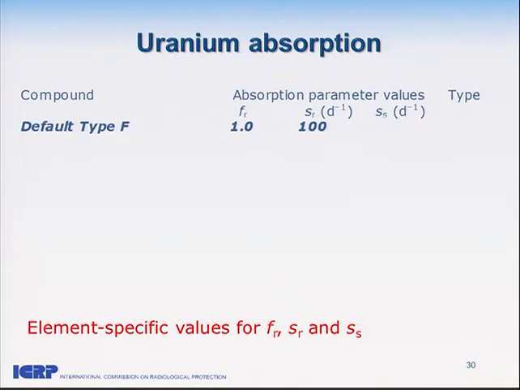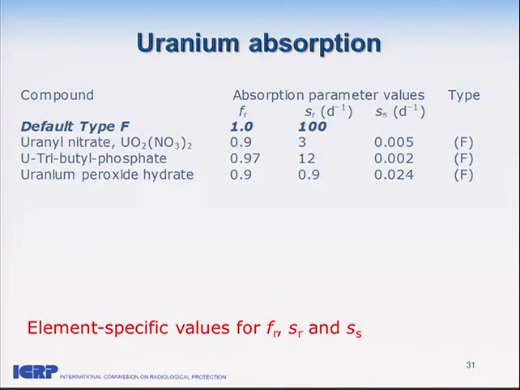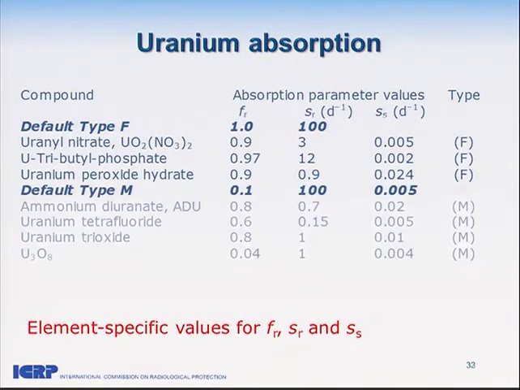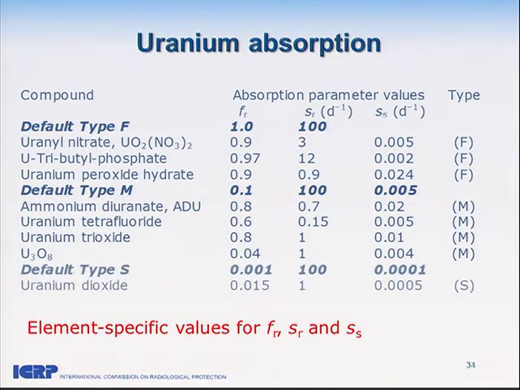We have a default parameter value for each one. But we also wanted to provide, as much as possible, material-specific or even element-specific data when available. And in science, we got many new data on uranium, and it was possible for us to define specific absorption parameter values for uranium, for type F, and the same for type M, and for type S.